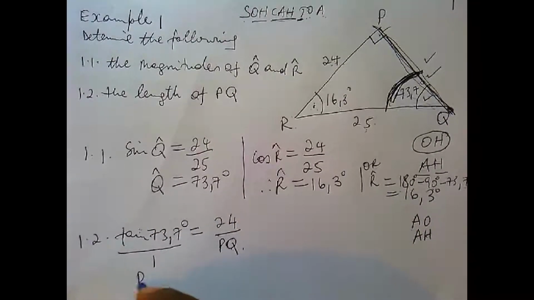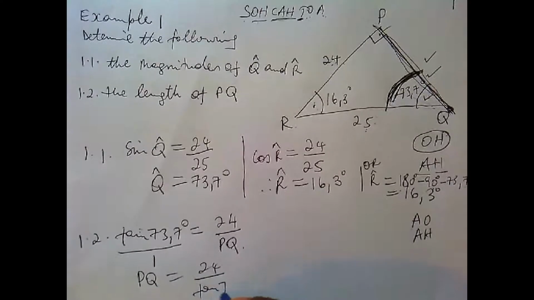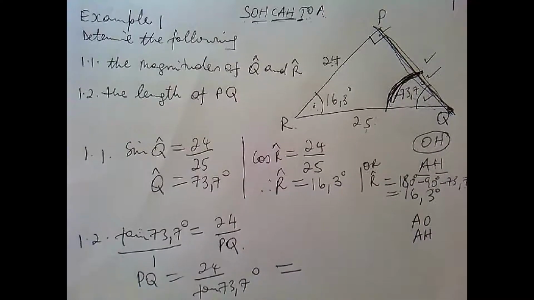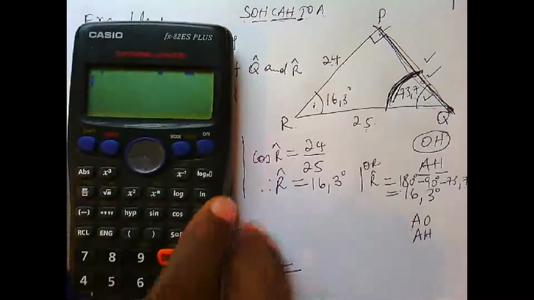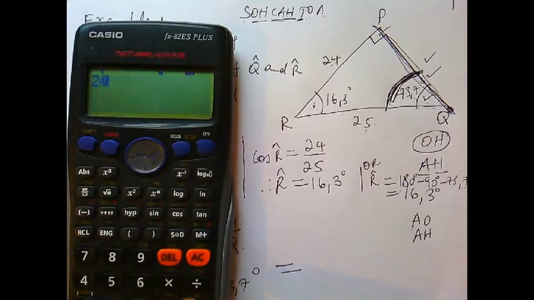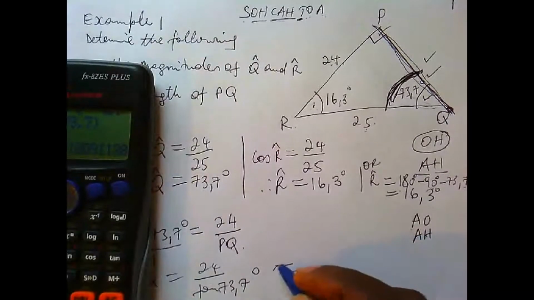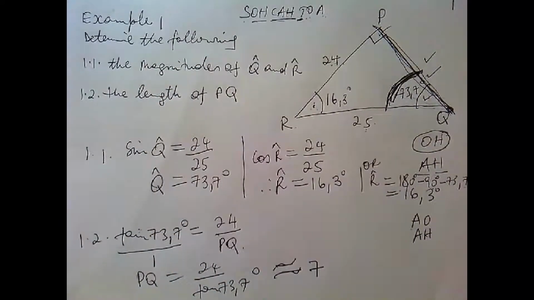So PQ is equal to 24 divided by tan 73.7 degrees, and the correct answer will be, when you press your calculator, 24 divided by tan 73.7, which is going to give you an answer of approximately 7.